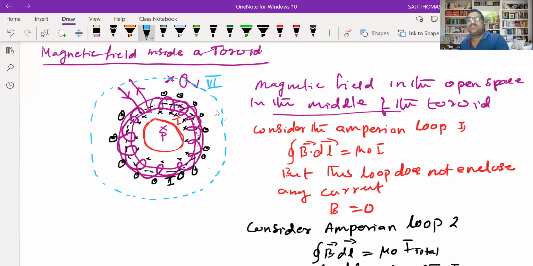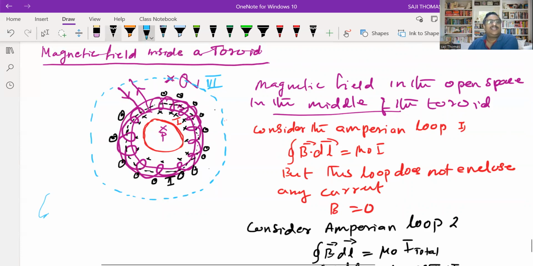Over the top part of the turns of the toroid, current comes out. Over the lower portion of the turns of the toroid, current moves into the plane. Both are equal. Currents are equal and opposite. So net current will be 0. So the third loop also does not enclose any current.